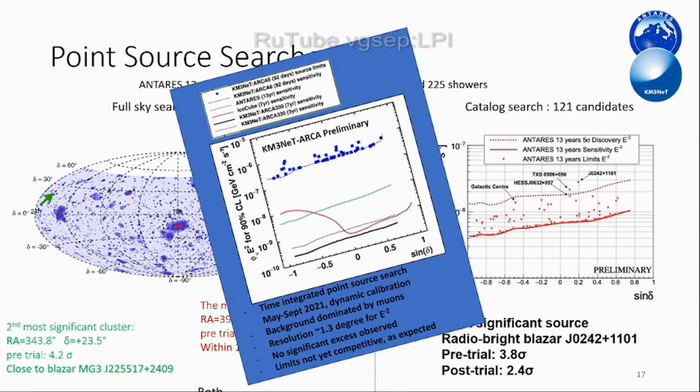So we did the same thing also with a limited set of ARCA data, and of course we didn't see anything spectacular, but it seems to work. So we're looking forward, because this plot also shows the sensitivities for full ARCA after 3 and 7 years, compared to the IceCube sensitivity right here. So very promising.